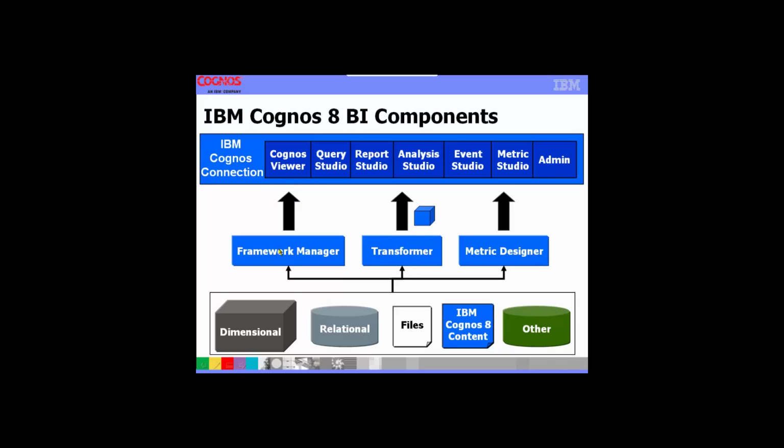This tool is used to pull in metadata from underlying data sources, whether they're dimensional data sources, relational, flat files, and other. And that metadata then is modeled in such a fashion that we control and generate the appropriate SQL to give the end users the expected results when they're querying in the studios. So it does not bring in data itself, it only brings in metadata.